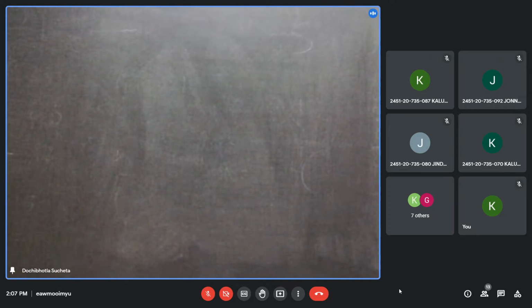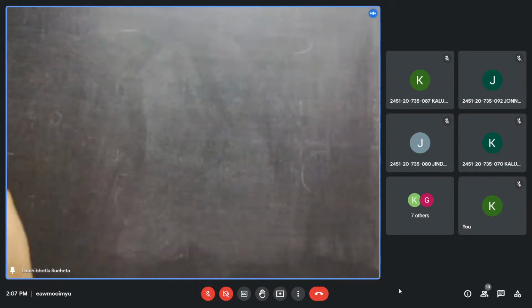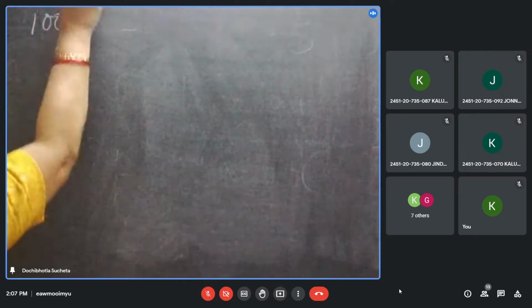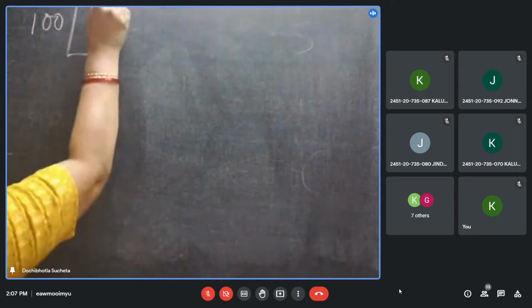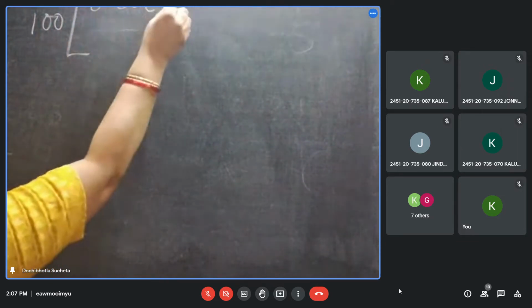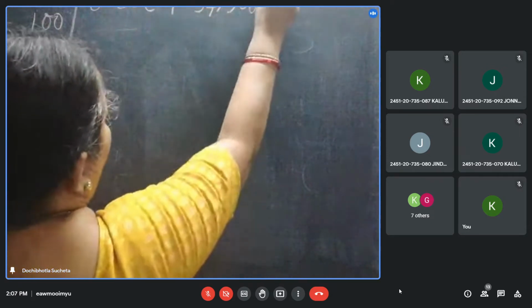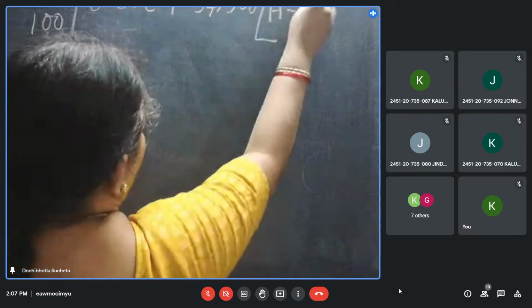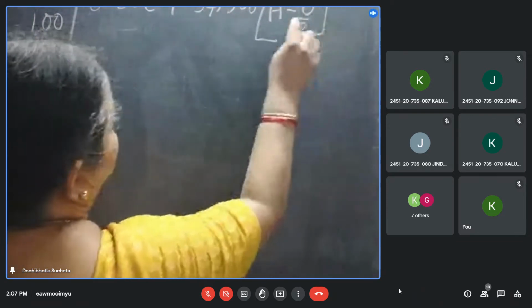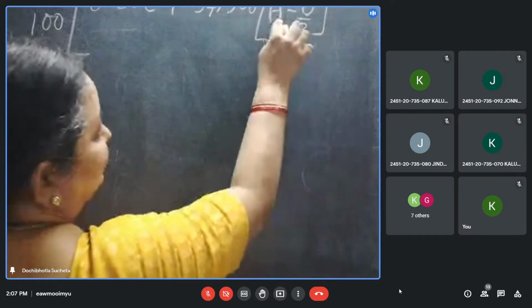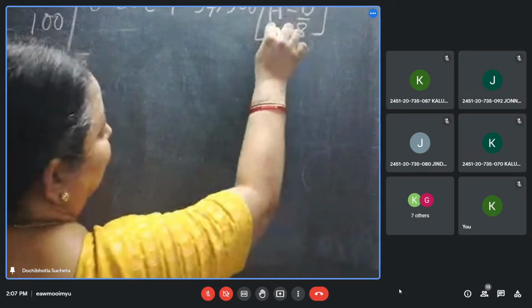Dulong's formula is given by HCV, high calorific value or gross calorific value, is equal to 1 by 100 into 8080 carbon plus 34,500 into (H minus O by 8), where the total term H minus O by 8 is the available hydrogen, where capital H is the total amount of hydrogen present in the fuel.